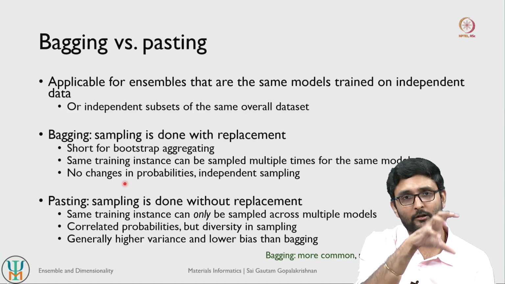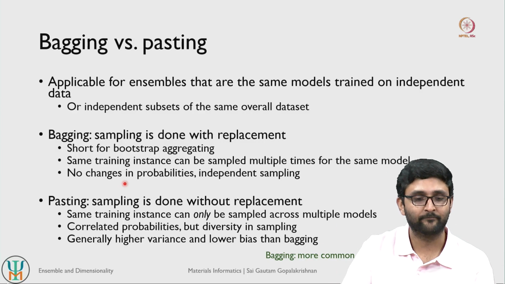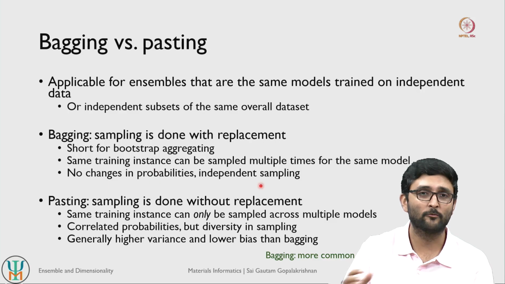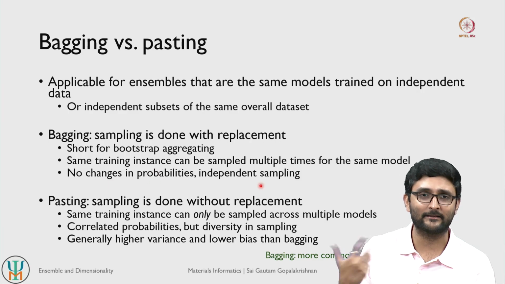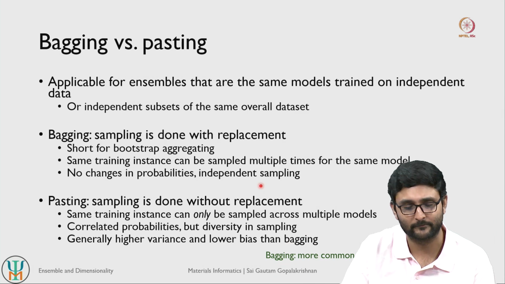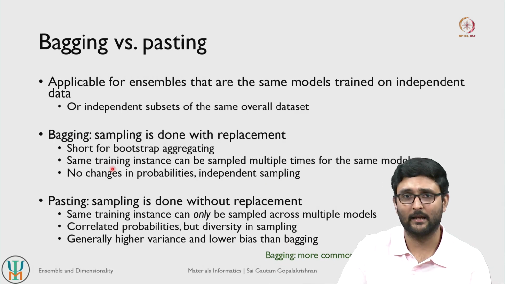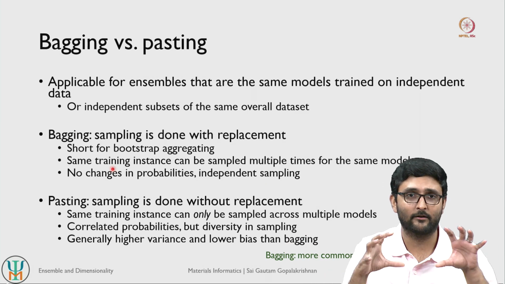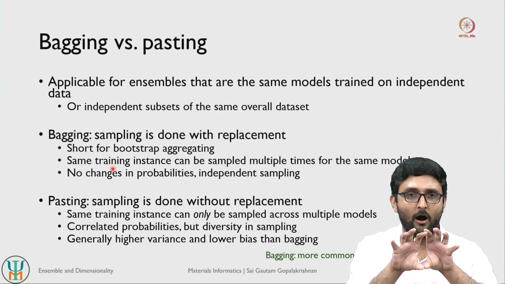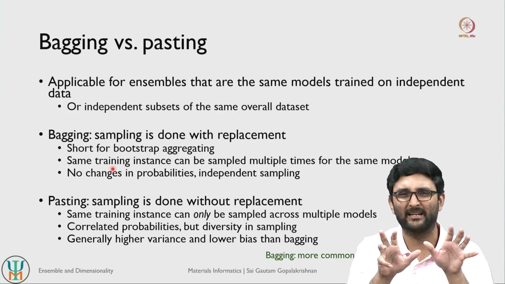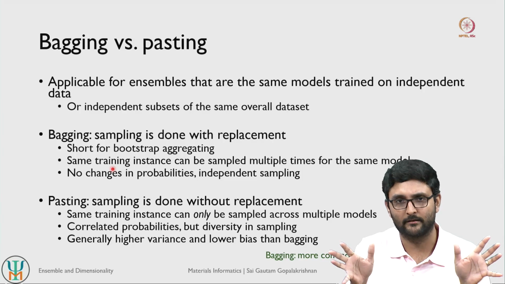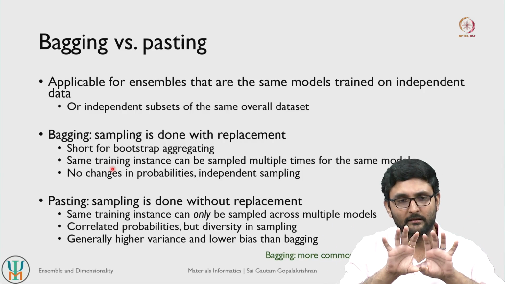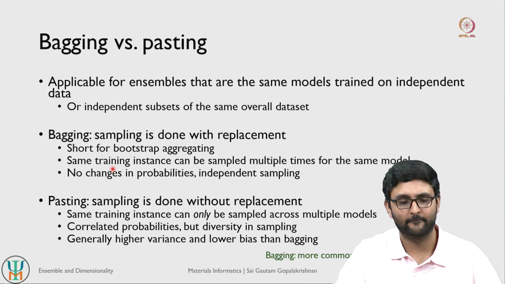So whenever you create subsets of your data points, since the probabilities of sampling do not change, you basically get fairly independent sampling of your data points. So bagging is quite nice in the sense that all the data sets in general will not be very correlated, right. The data points themselves will be fairly independent.